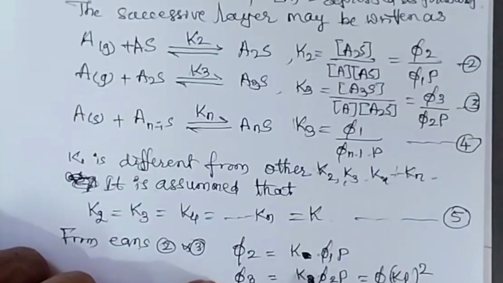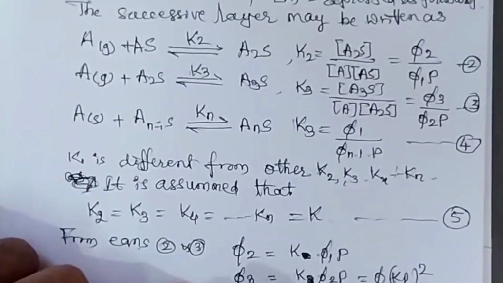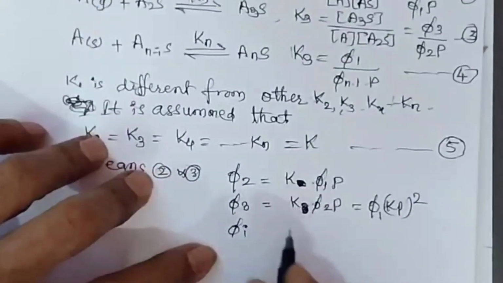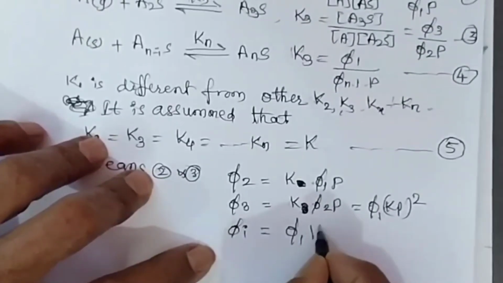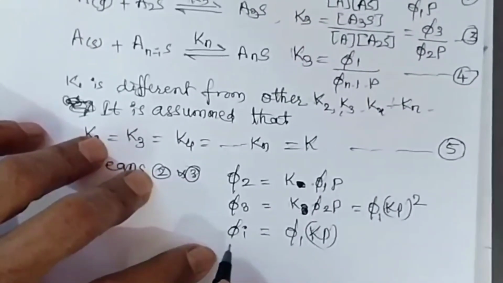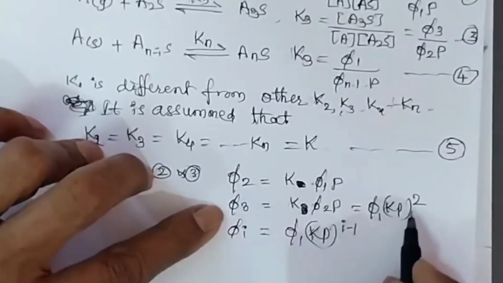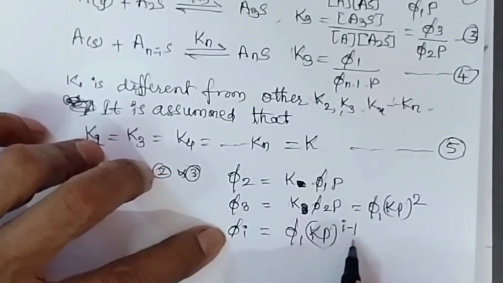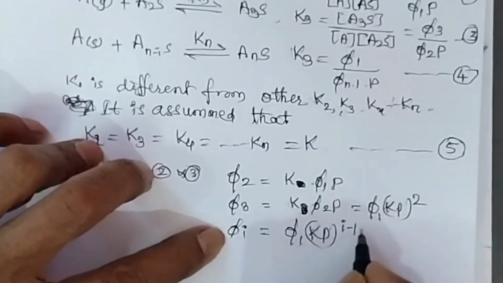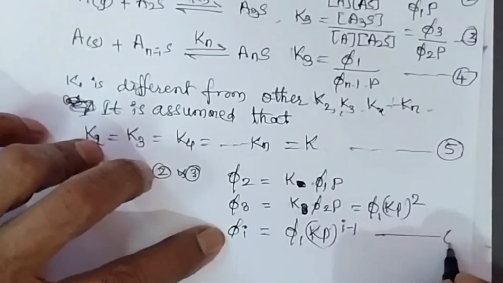In general, pi I equals pi 1 into Kp raised to I minus 1. Here if it is pi 3, Kp raised to 2. Similarly, pi I equals pi 1 into Kp raised to I minus 1, that is 1 less than this I. Suppose this is equation 6.